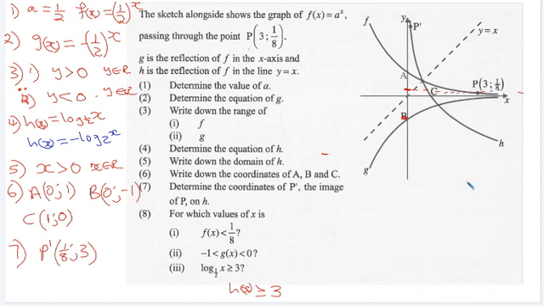have a coordinate. Let me redraw it. It's going to help if we redraw it. This is our h, and then we have a coordinate here. And that coordinate, remember, we said the coordinate, therefore, for p is 1 over 8, 3.